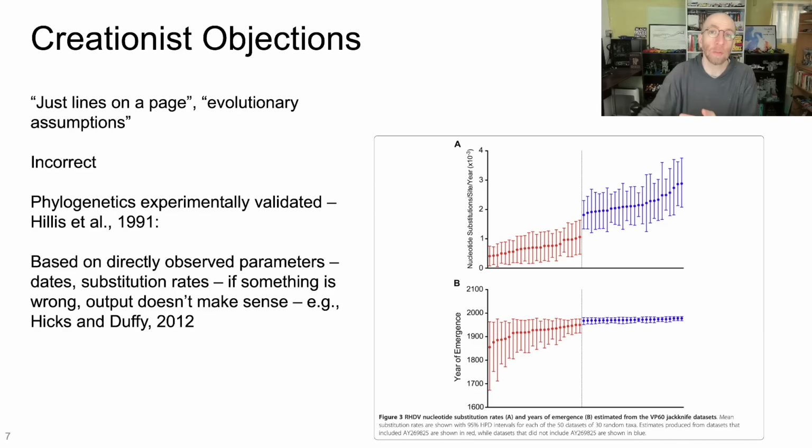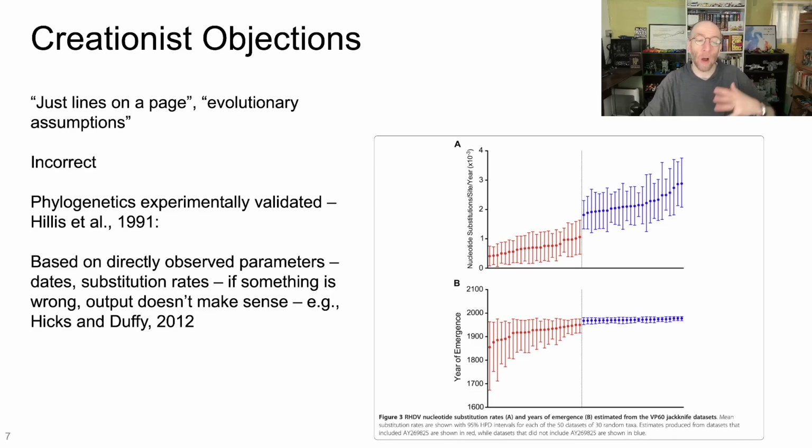That's what you see in red with these error bars that are way too big and with the substitution rate that is way too low. Now, they went and figured out which sequence it was that was incorrectly dated, removed it, and then you get the blue data where the substitution rate is what you would expect it to be, and the year of emergence we could very confidently pin to like the mid 20th century with very small error bars, right? So this is just to show you that these techniques are not arbitrary.